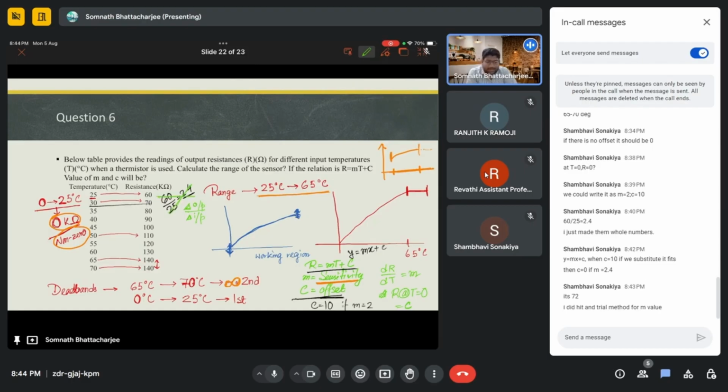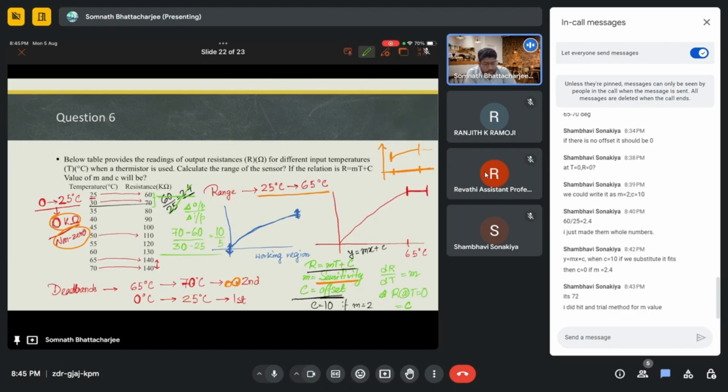We need the change in the value of output. So if we take this case, it should be 70 minus 60 divided by 30 minus 25. It is nothing but 10 by 5.